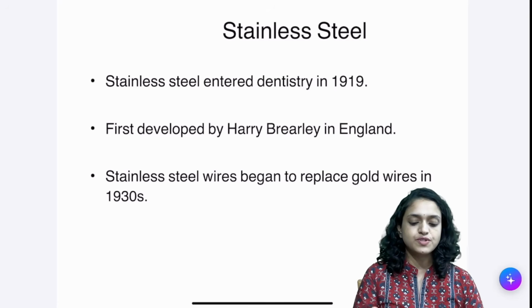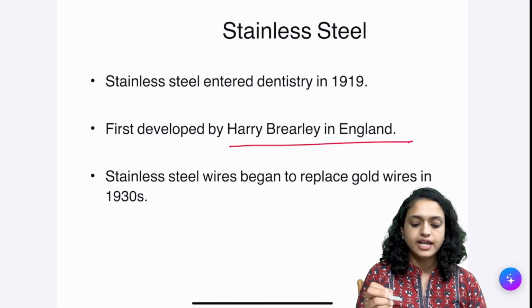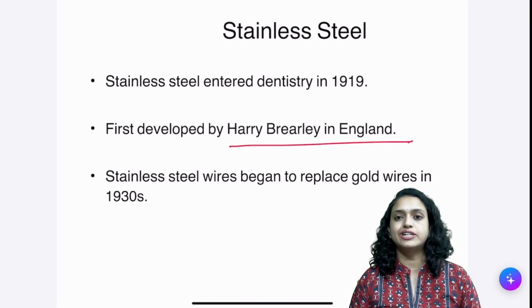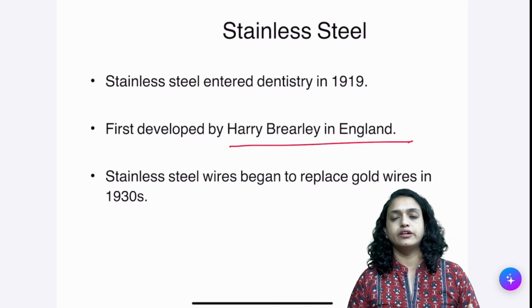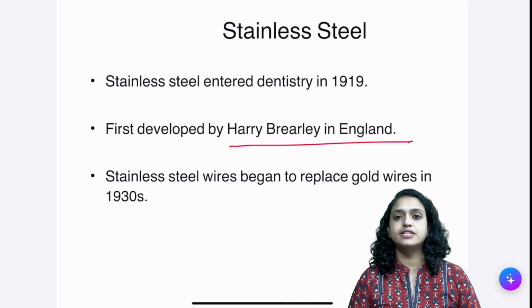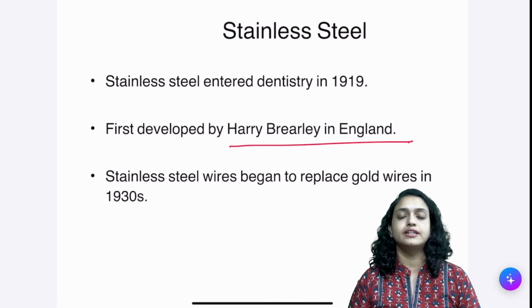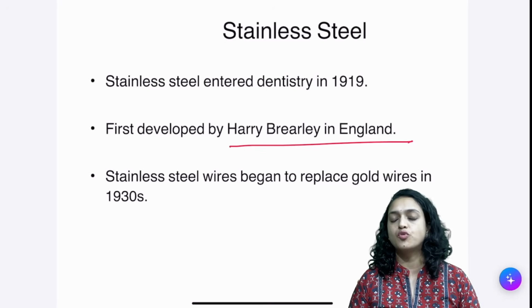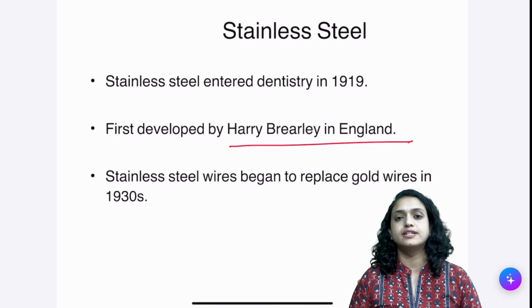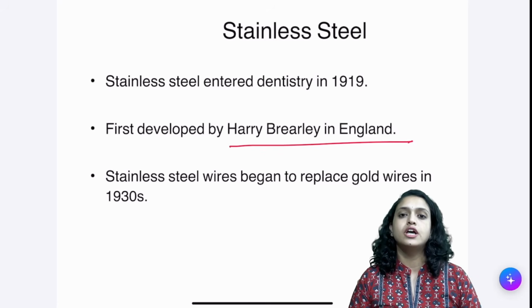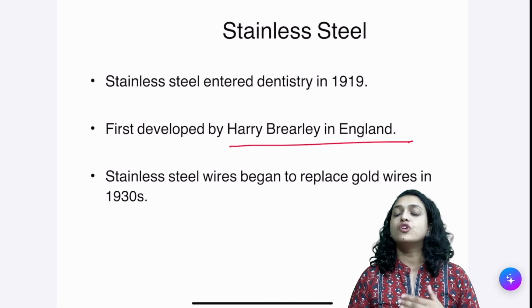Stainless steel was first developed by Harry Brearley in England. Before the invention of stainless steel, only gold was used, because gold was the most inert material that could also withstand some amount of force. So gold brackets and gold wires were being used. When stainless steel came, it was a cheaper option.